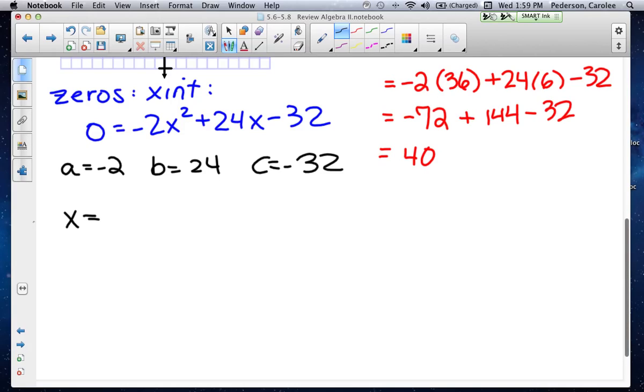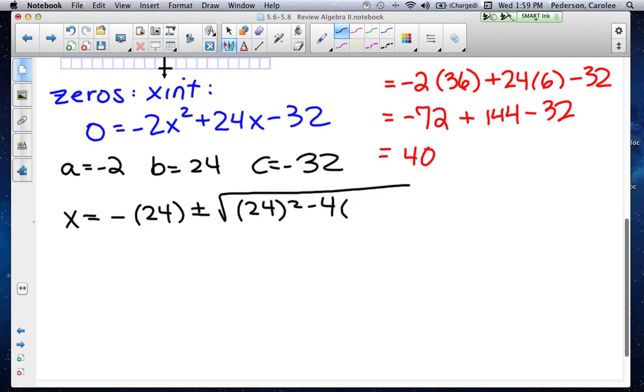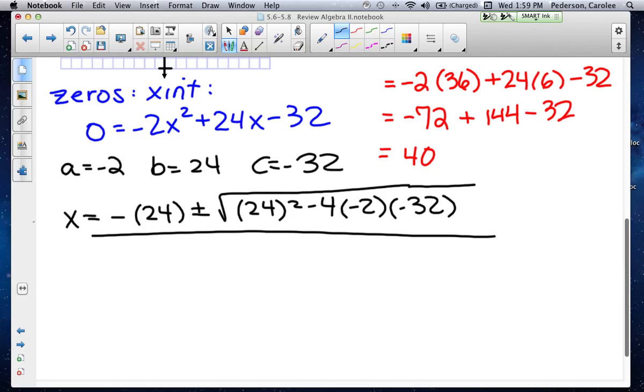And I sub it in. -b plus or minus the square root of b squared minus 4ac, all over 2a.